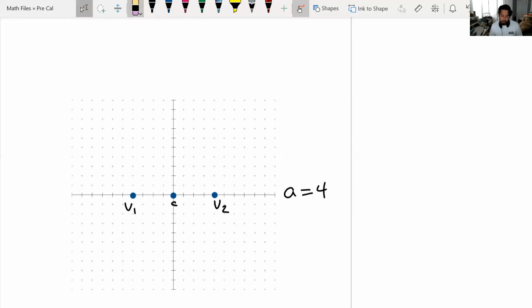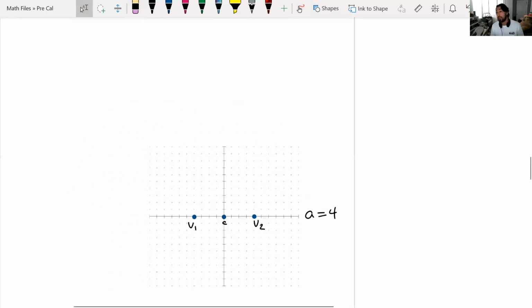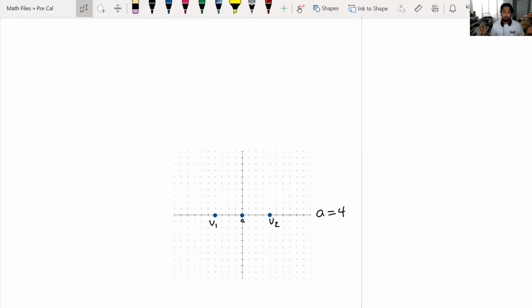And another thing for sure is that the vertices and the center all lie on the x-axis, which means we are parallel to the x-axis. Which means this has given us more than enough information to know which equation to use above.